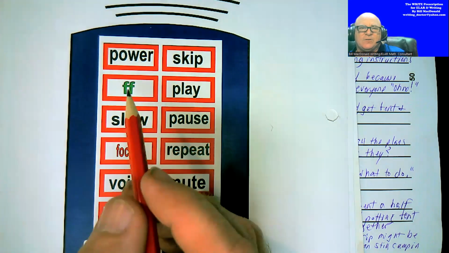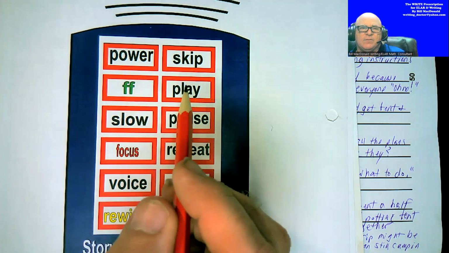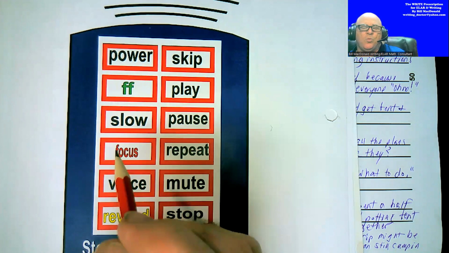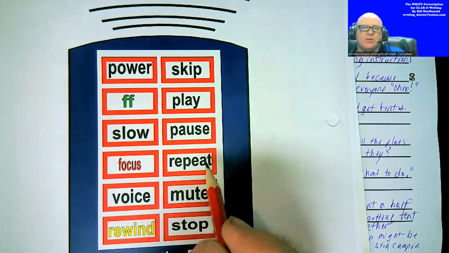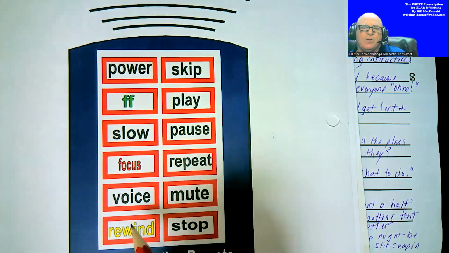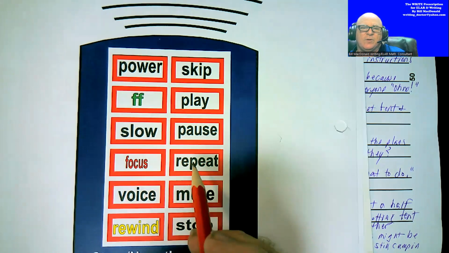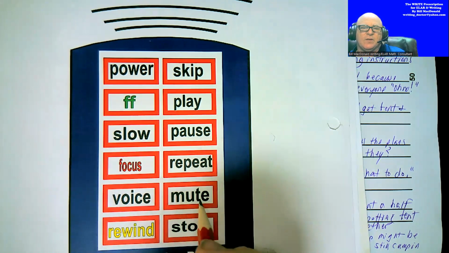So we'll fast forward and sometimes push play, and we'll slow down and pause when we get to the focus. And if some kids need repetition, we can push the rewind button and go back and read that part again so we can understand it, so we can learn the character's voice, that we can mute if we need to.